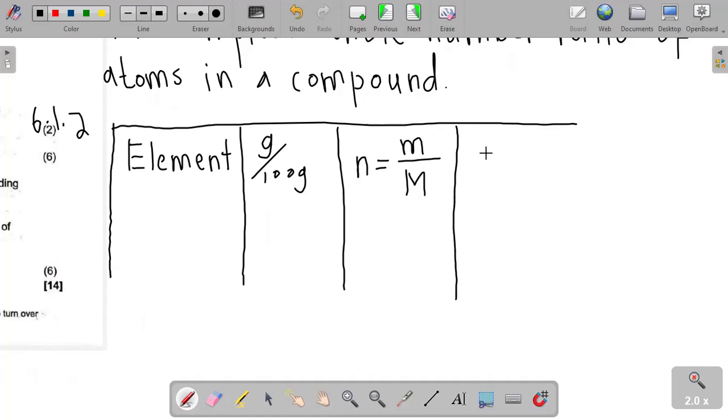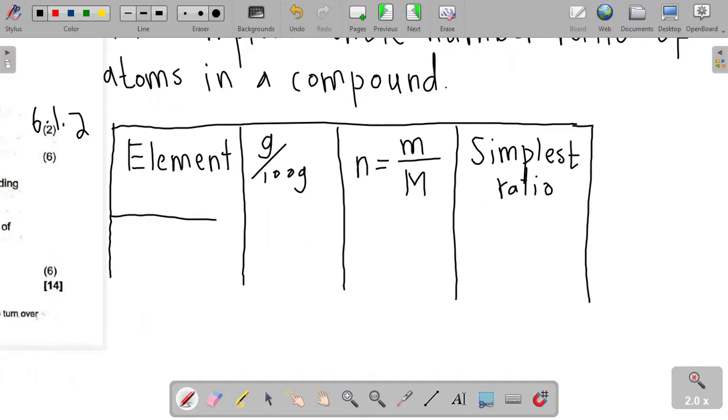And then the last one, the simplest ratio. So there are going to be three elements.